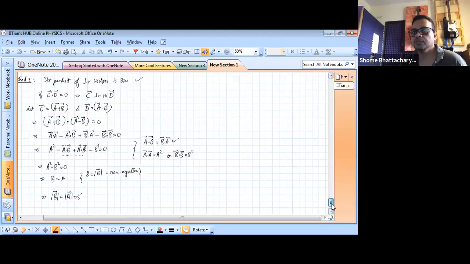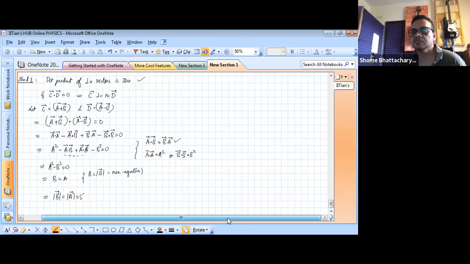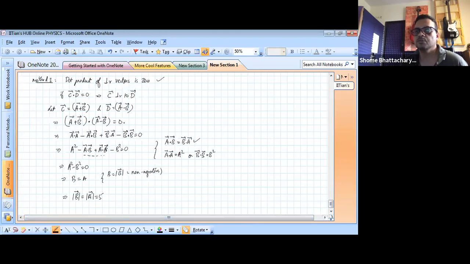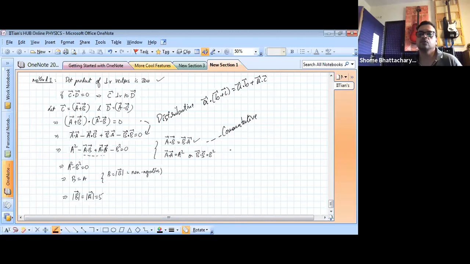But when you use the dot product, in this case, we are also using properties of the dot product, namely the distributive property. From here to here, we solve by using the distributive property. That is, A dot of B plus C is equal to A dot B plus A dot C. That kind of thing we use. And here we have used what is called the commutative property. And there is another property that dot product with self is square of the magnitude.